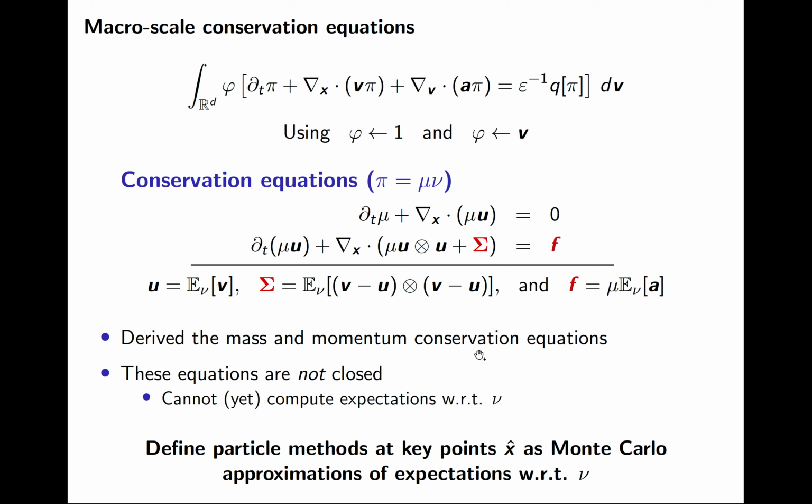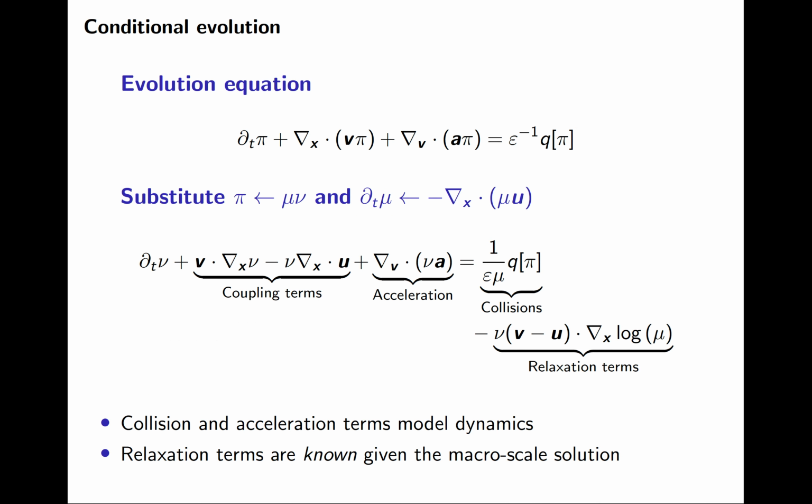Right? So our next step, having derived the conservation equations, is to figure out how this conditional density nu evolves in time and figure out how we can represent that in some sort of numerical way. Okay, so our next step is to determine how this conditional velocity density nu will evolve at some particular point x.